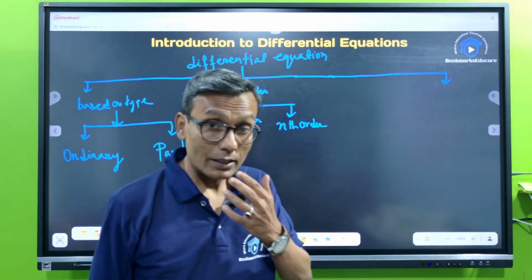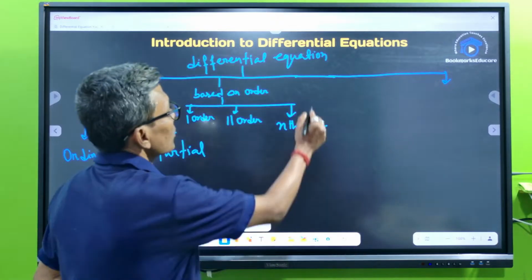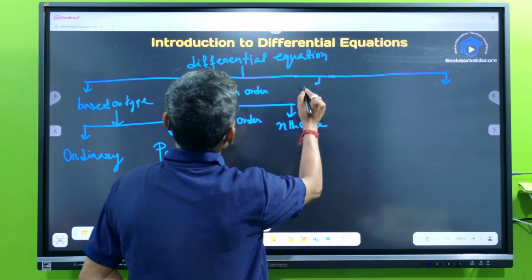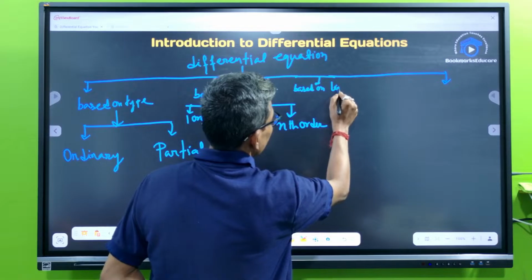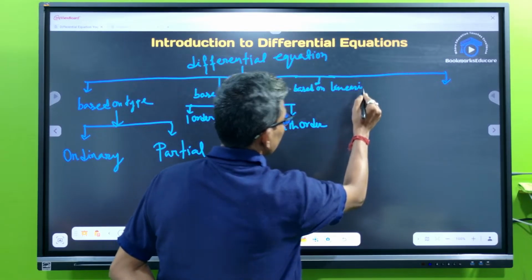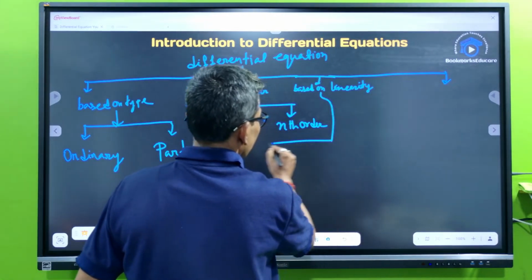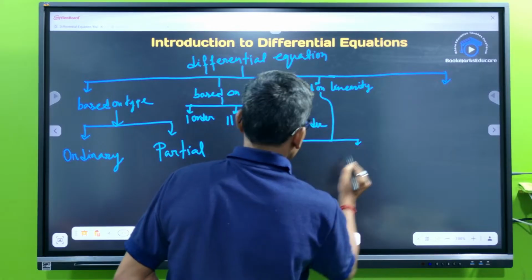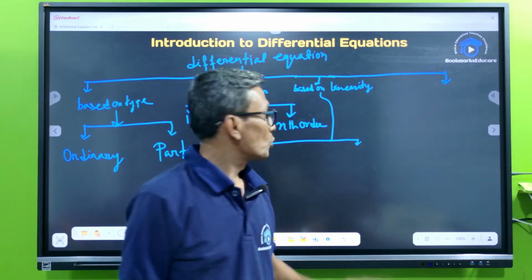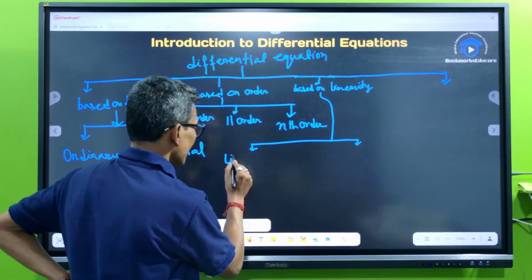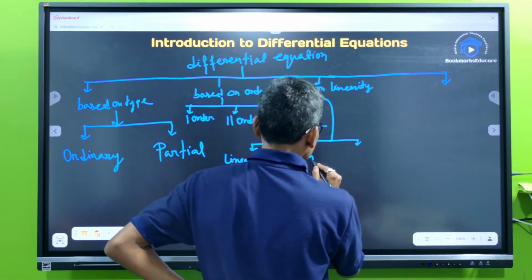One is linear differential equation and another is non-linear differential equation.